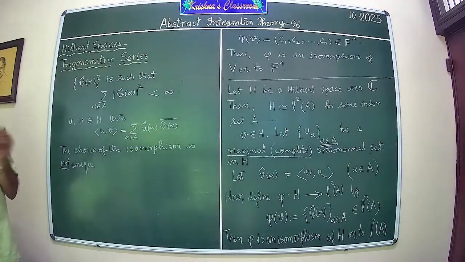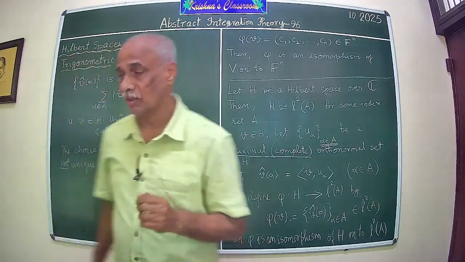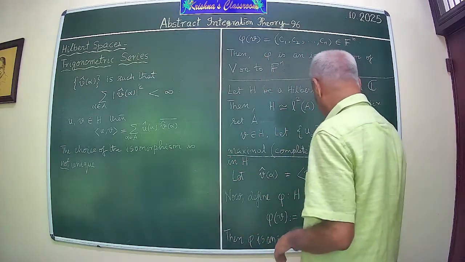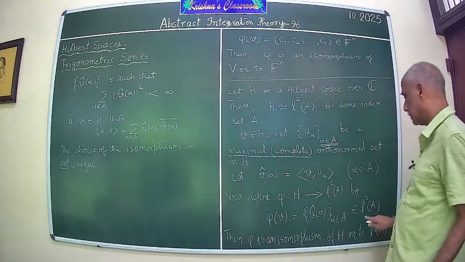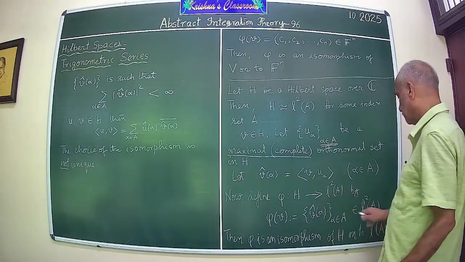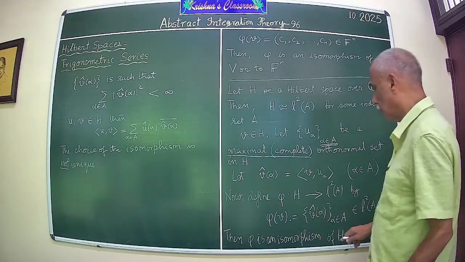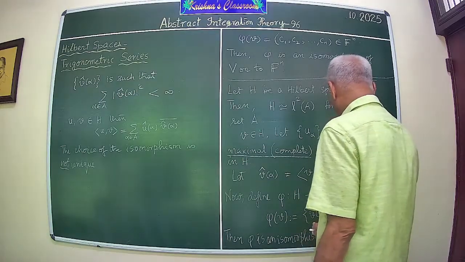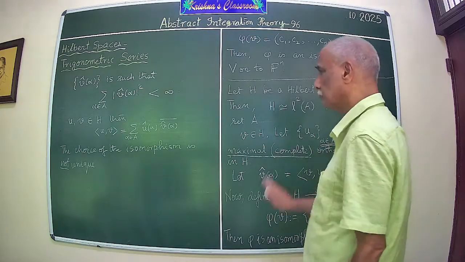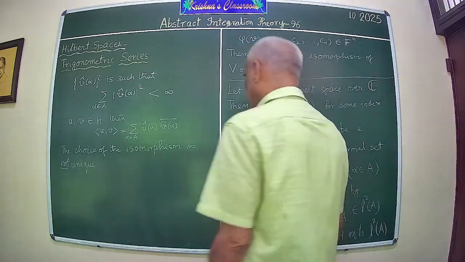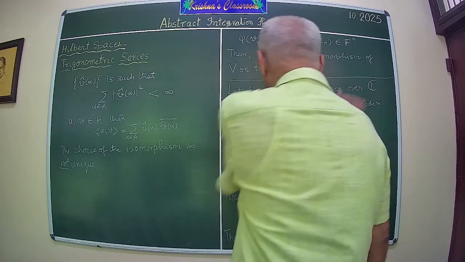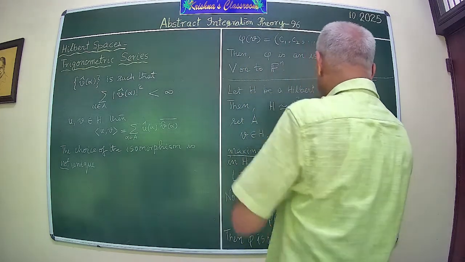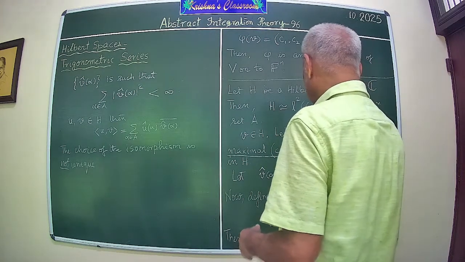And here the corresponding part is this. Phi maps V to an element which is in L2. And you have picked this.